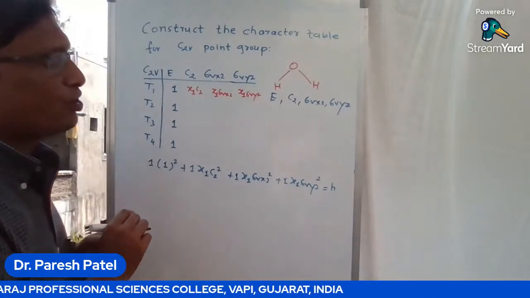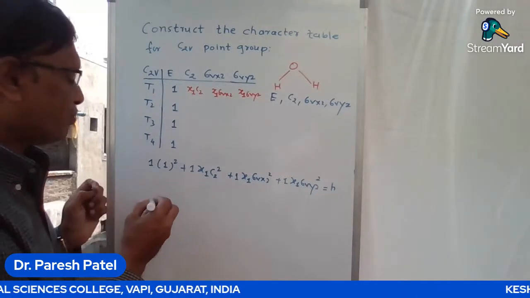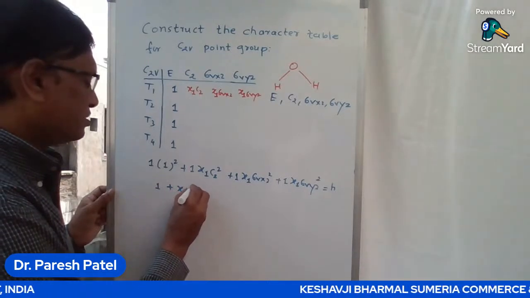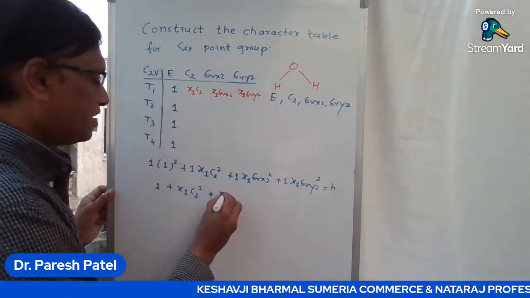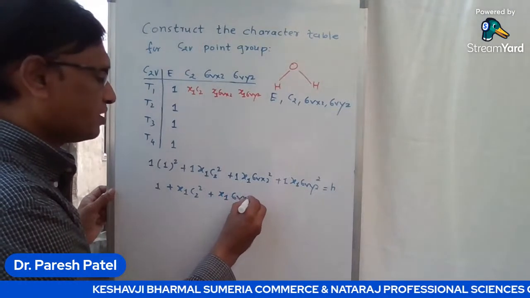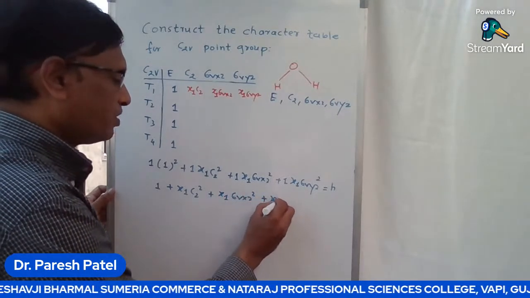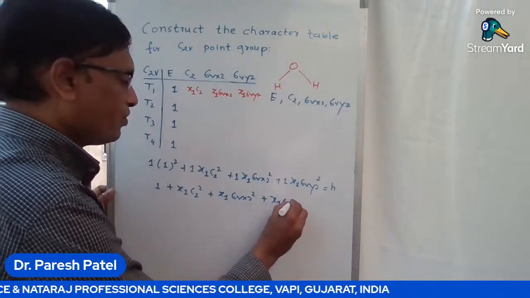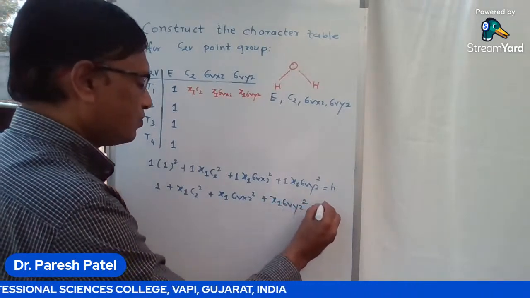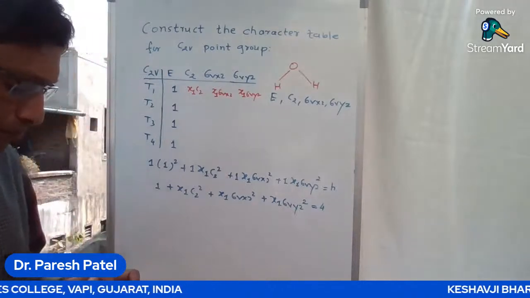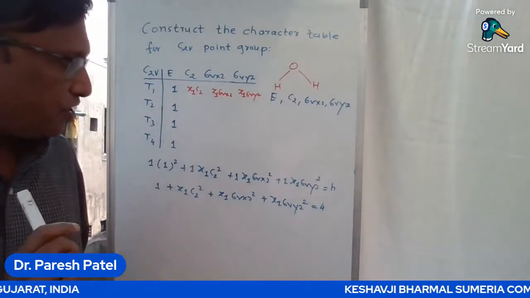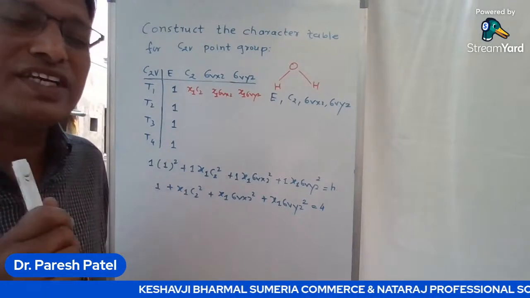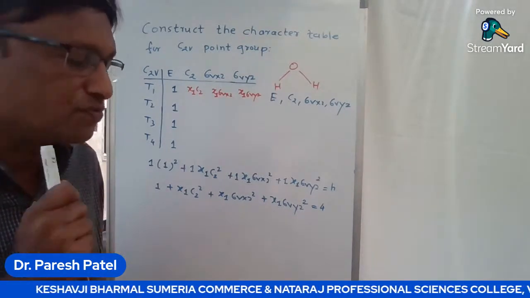In case of water molecule, we know that order of a group is equal to 4. It means 1 plus character 1 C2 square plus character 1 sigma V xz square plus character 1 sigma V yz square is equal to 4. For uniformity, first irreducible representation for all the character tables should be with respect to plus 1.